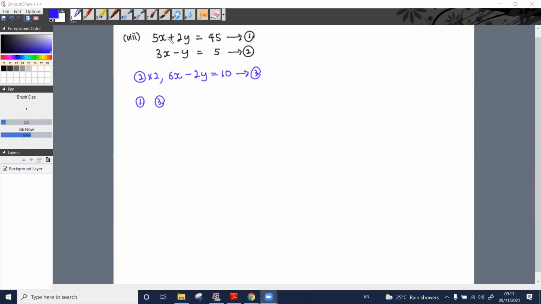In equation number 1 we have a plus value, plus 2y, but in equation 3 it is minus 2y. If the signs are different, then in order to eliminate we need to add those two equations.